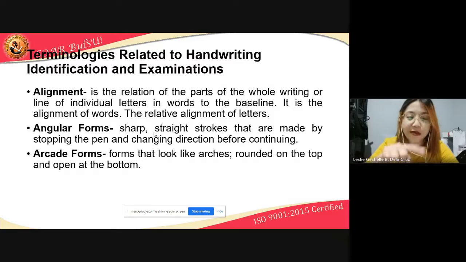Yung angular forms and arcade forms, yung itsura niya, di ba? So, may mga sulat kasi na patusok, may mga sulat na pabilog. Yung arcade forms, yun yung pabilog, then open sa baba. Okay?